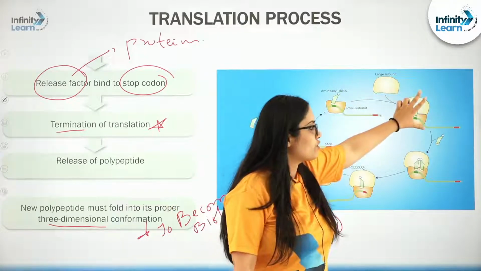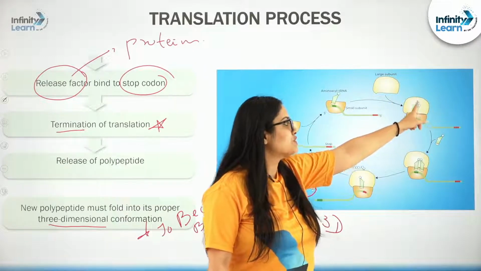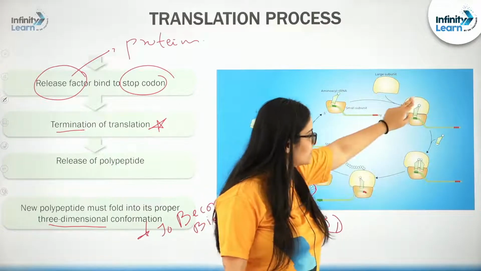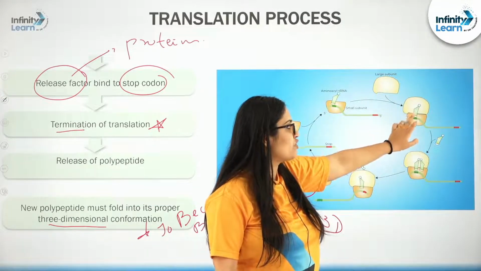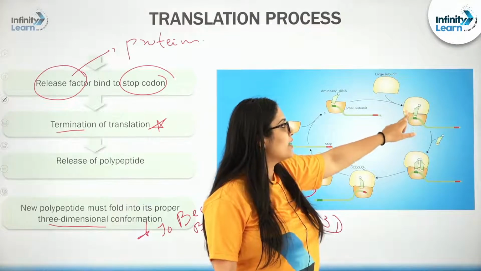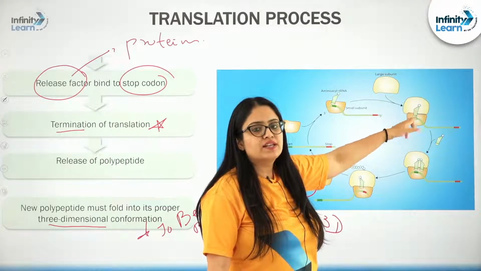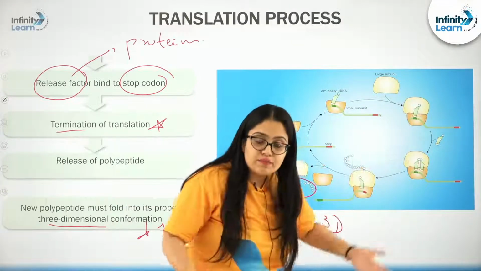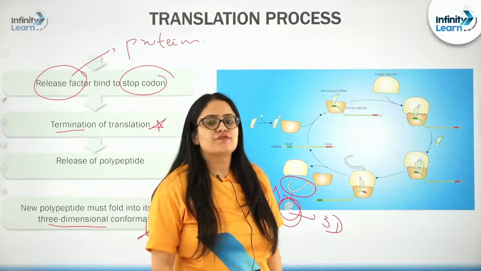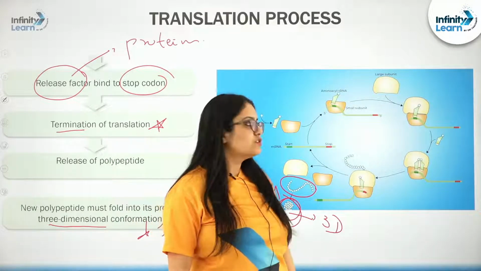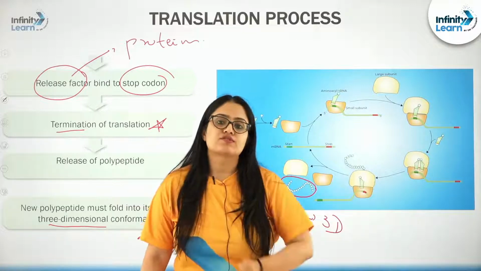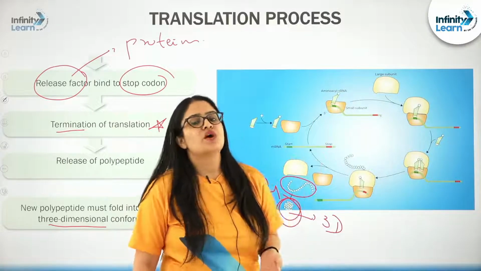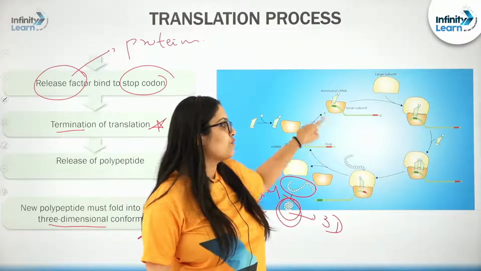So, finally, there will be a formation of a complex where you have large and small subunit of ribosome, mRNA and the initiator amino acyl tRNA. This is the initiation complex. In this initiation complex, if you notice, there will be complementary pairing of this initiator amino acyl tRNA to the initiator or start codon, and then finally, in presence of certain initiation factors, with the help of ATP energy also, the process of translation will start or initiate, and finally one after the other subsequent amino acid will join and there will be formation of a polypeptide chain.